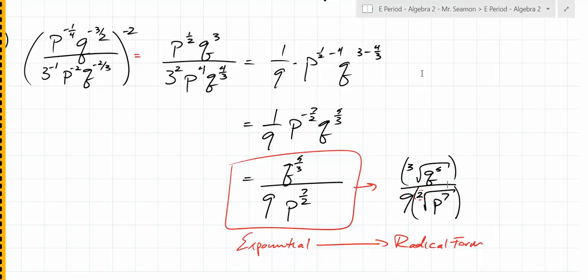Let's go. Let's go, kids. Can you go over the first one?